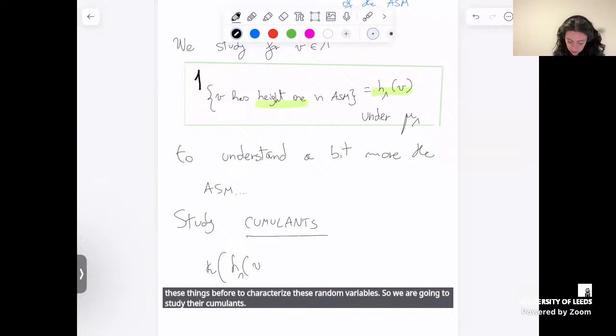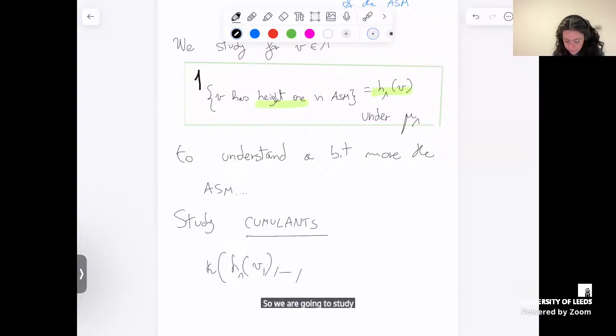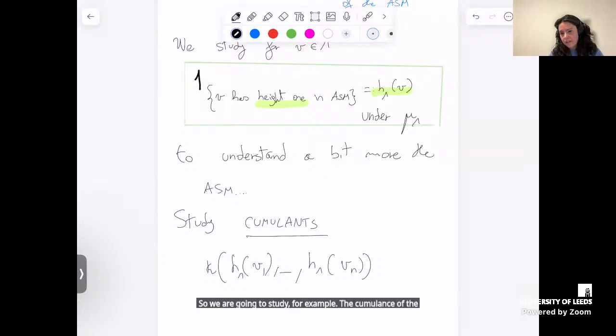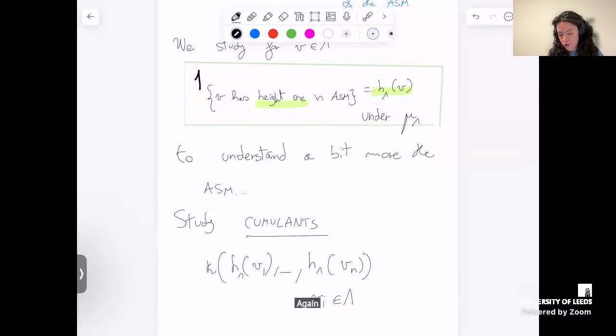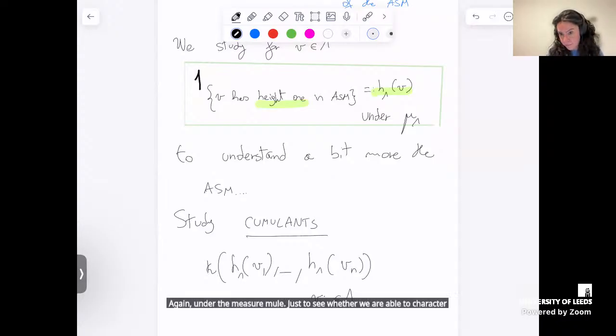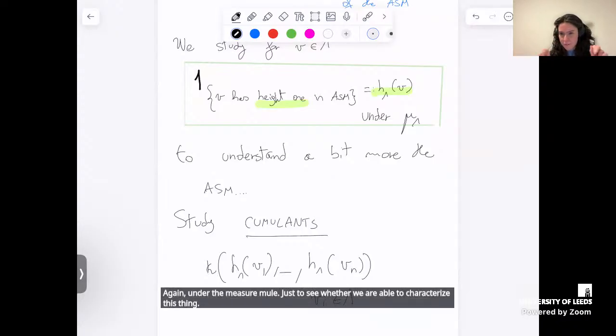For example, the cumulants of the height 1 field at several points in lambda, again under the measure mu, just to see whether we are able to characterize this thing, at least the ones.